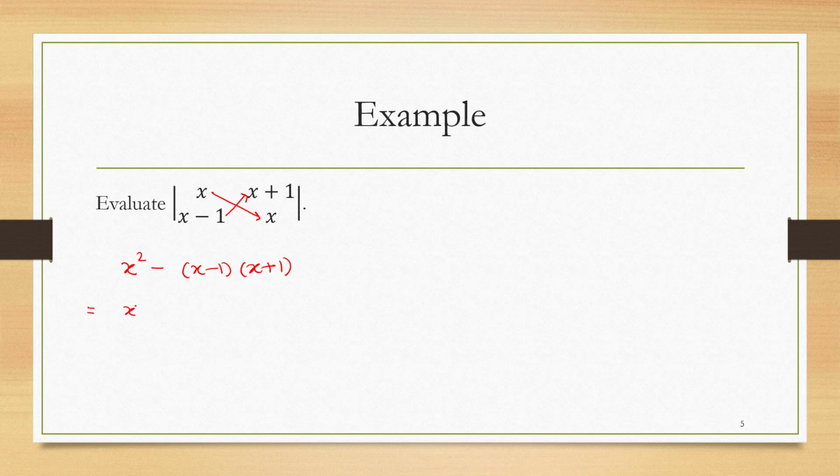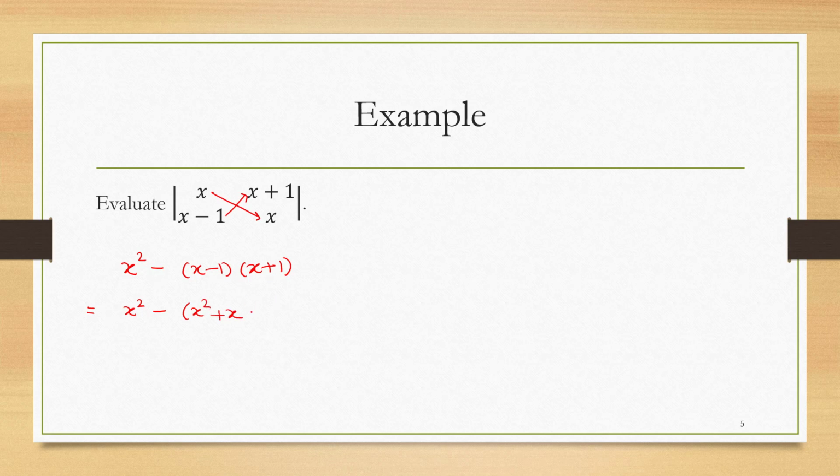This is equal to x square minus. Now this is of the kind a minus b, a plus b. If you recall the formula, a minus b into a plus b is a square minus b square. And if you don't know the formula, you can just multiply these two brackets. By normal rule, we multiply x with x plus 1, so we get x square plus x.